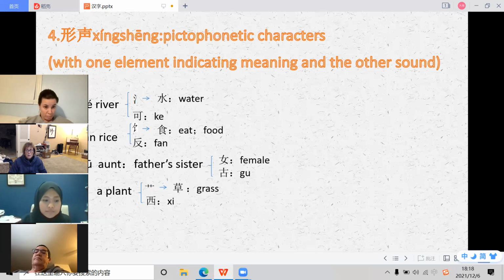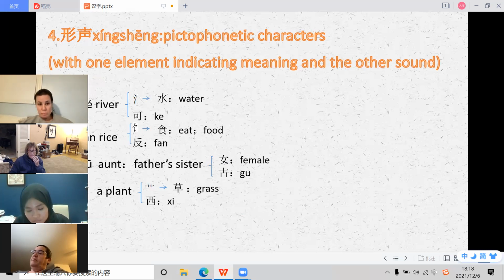And 姑 is aunt, father's sister. This symbol is 女, indicating female, and 古 indicates the sound. So combine these two: one indicates the meaning, and the other indicates the sound.